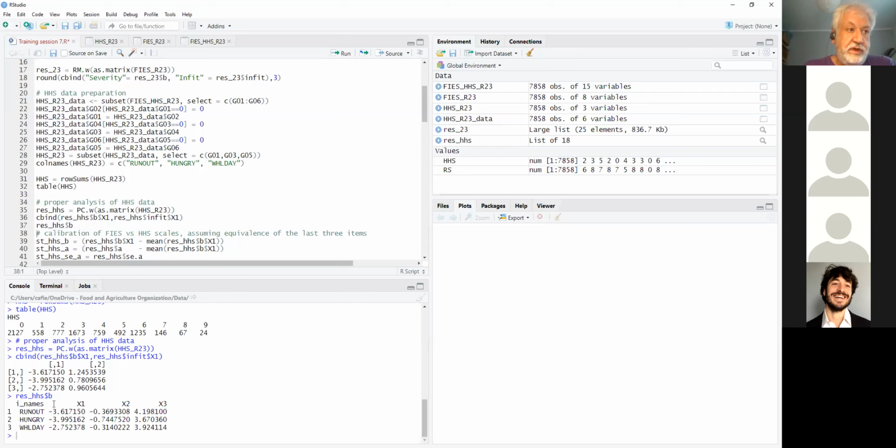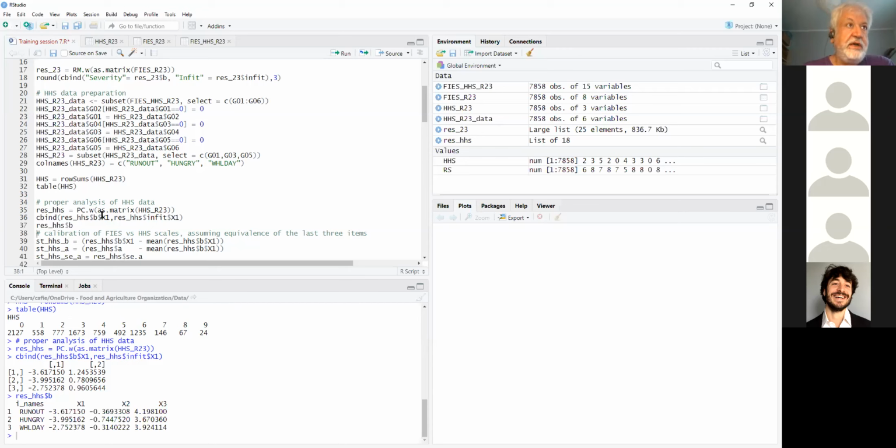What we focus on here is the first column, which is what is called the Rasch-Thurstone threshold, the one that would be comparable with a typical dichotomous Rasch model threshold.